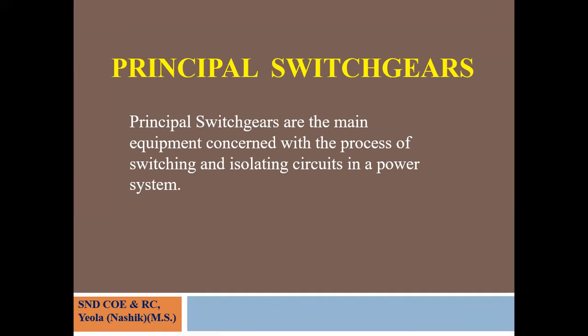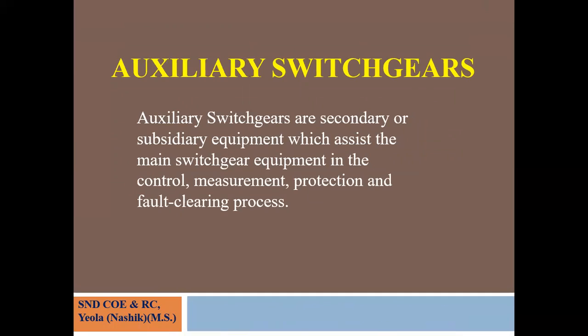Principal switchgears are the main equipment concerned with the process of switching and isolating circuits in a power system. Auxiliary switchgears. Auxiliary switchgears are secondary or subsidiary equipment which assist the main switchgear equipment in the control, measurement, protection, and fault clearing process.